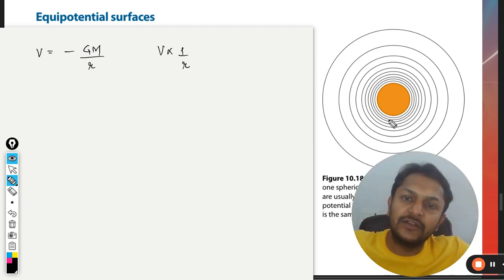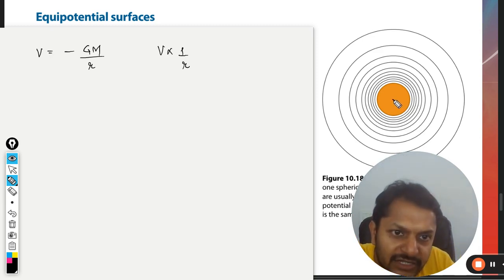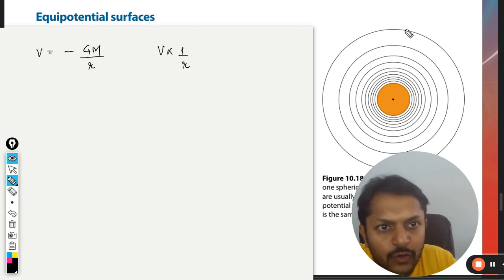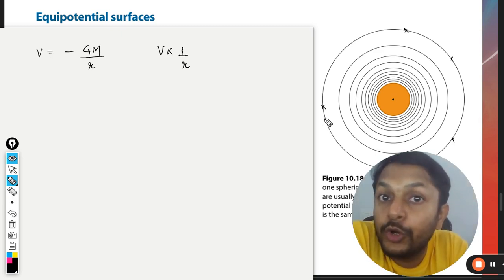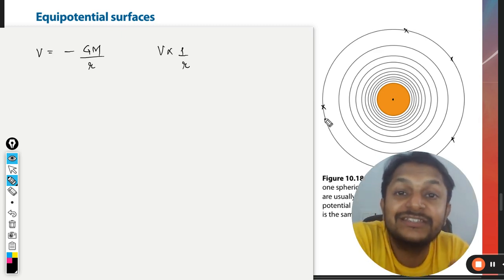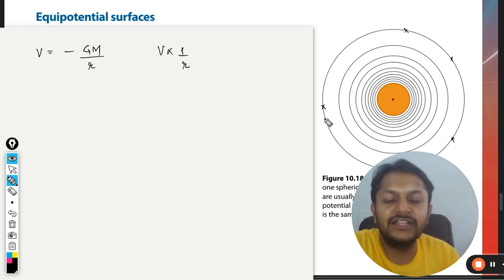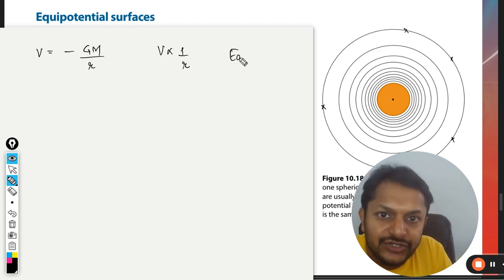So all these surfaces are spherical with the same center. This is the center, and these are all different potentials. If we consider these four points, you can see that the radii are the same for all four, and that is why the potential is also the same. So this is called equipotential surface.